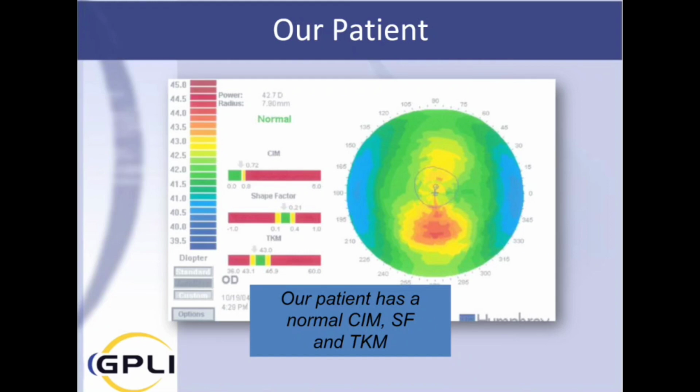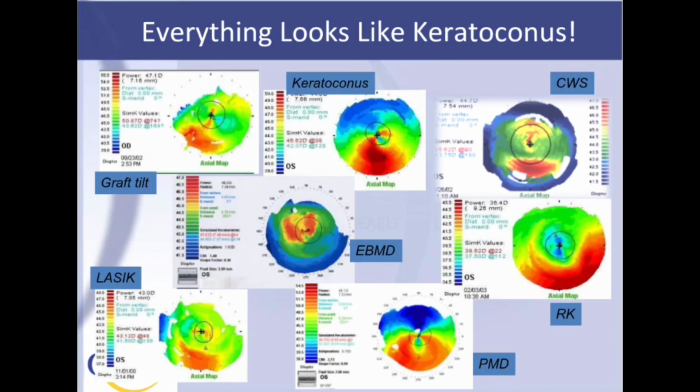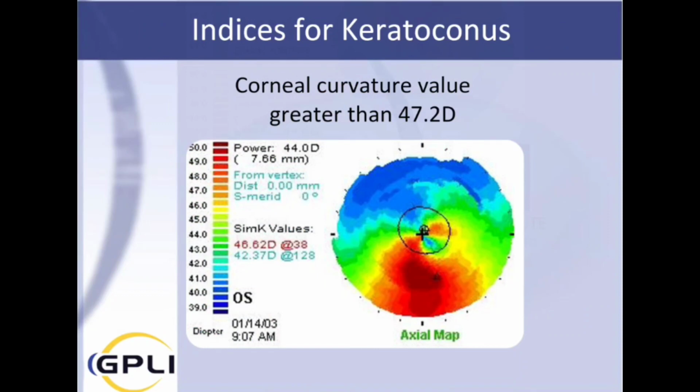Our patient has a normal corneal irregularity measure, shape factor, and mean toric keratometry value. The problem is, everything looks like keratoconus to the corneal topographer. Therefore, it is important to understand the indices for keratoconus so you can analyze the raw data yourself.